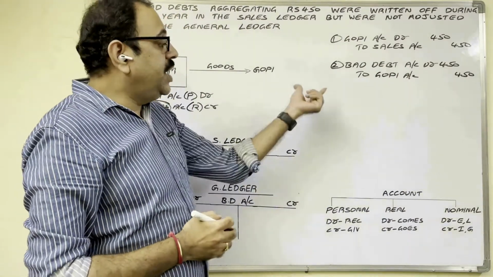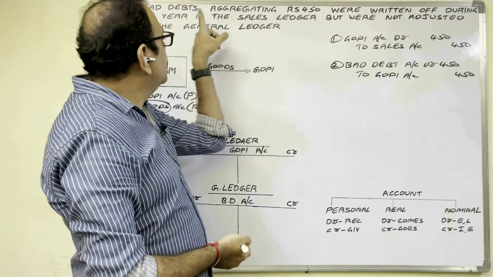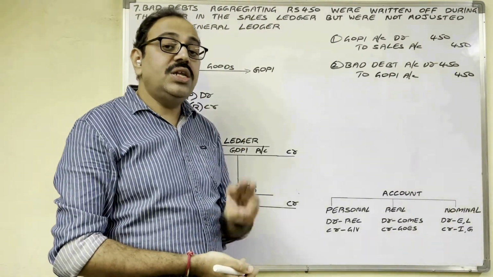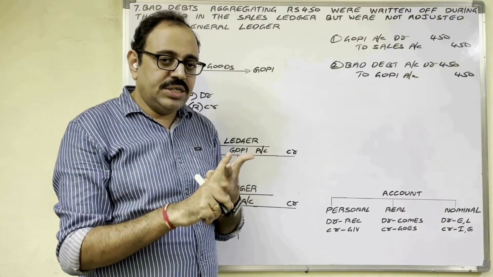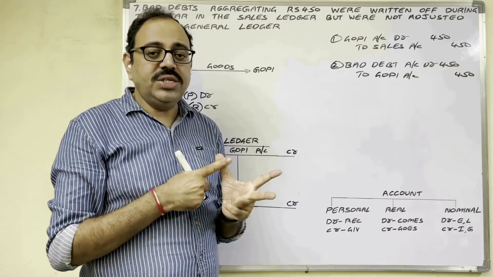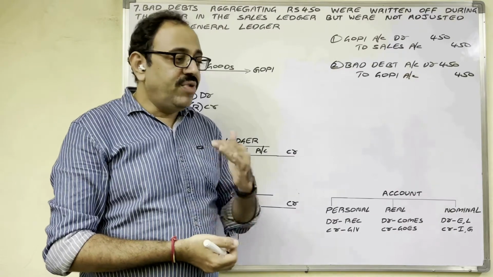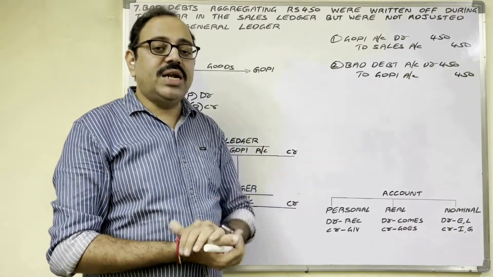And in ledger we should post this. This firm is maintaining general ledger and a sales ledger. Ledger is of three types: sales ledger, purchases ledger, general ledger. Sales ledger contains all the accounts of debtors because when we sell goods on credit, then that customer becomes a debtor.